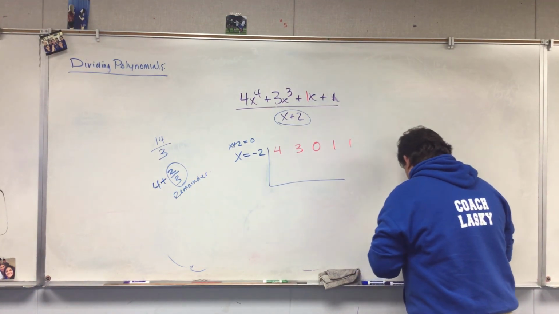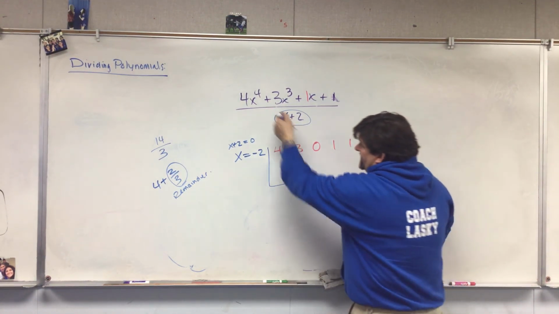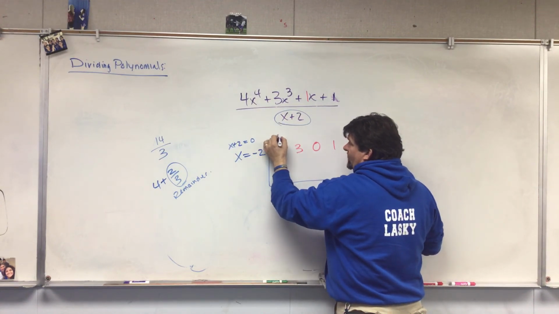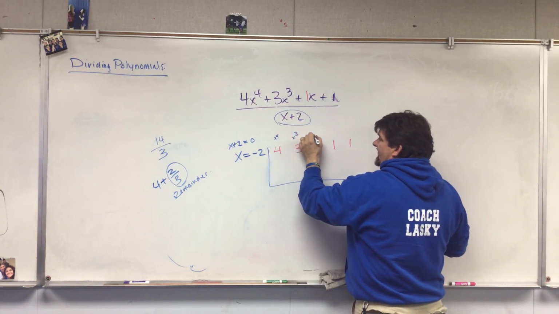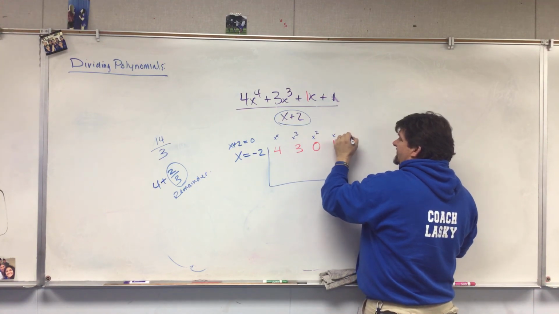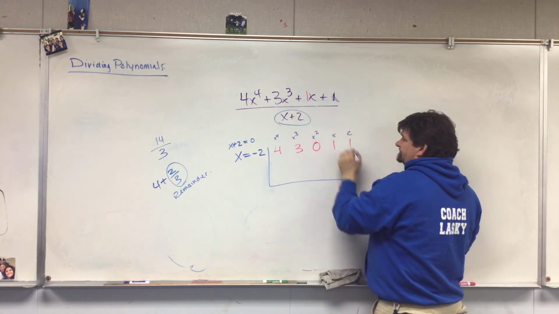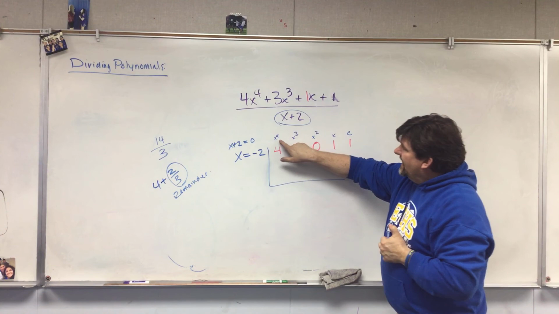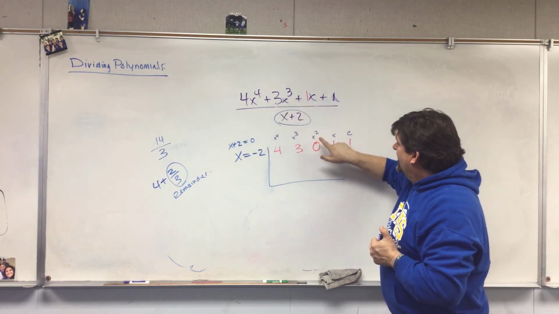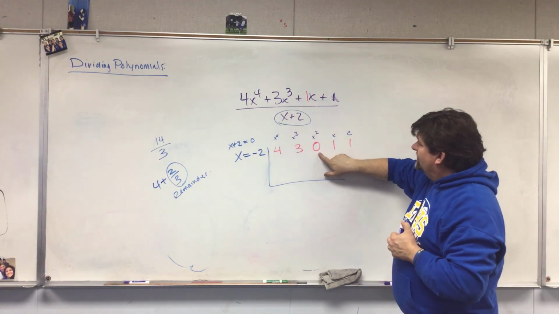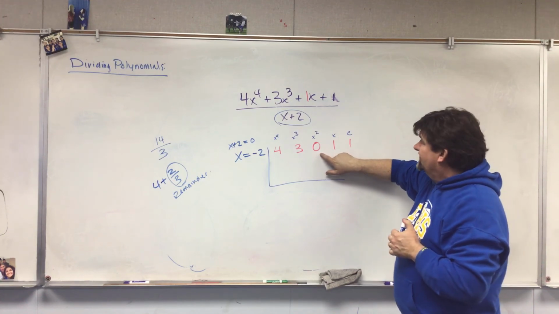Okay, so let me write something here for you guys. For this particular problem, it goes x to the 4th, x cubed, x squared, x, and the constant. Look at x to the 4th, x cubed, x squared is missing, so I put a 0 there. You got to put a 0 there. It messes everything up.